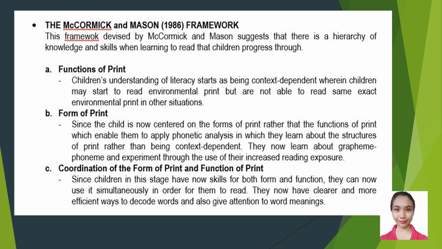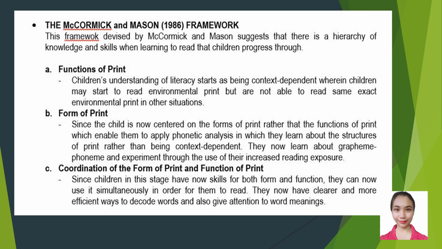This hierarchy is as follows. We have the functions of print, form of print, and the coordination of the form of print and function of print. First, let's talk about functions of print. Children's understanding of literacy starts as being context-dependent, wherein children may start to read environmental print but are not able to read the same exact environmental print in other situations.